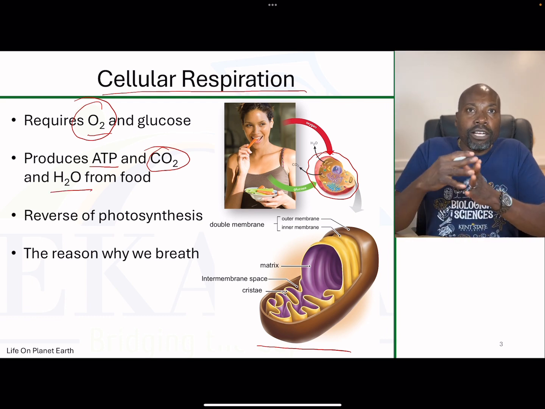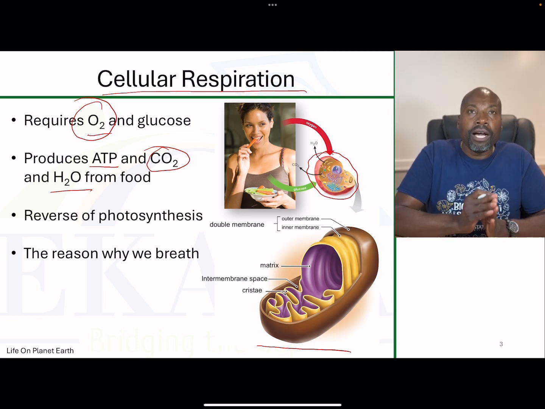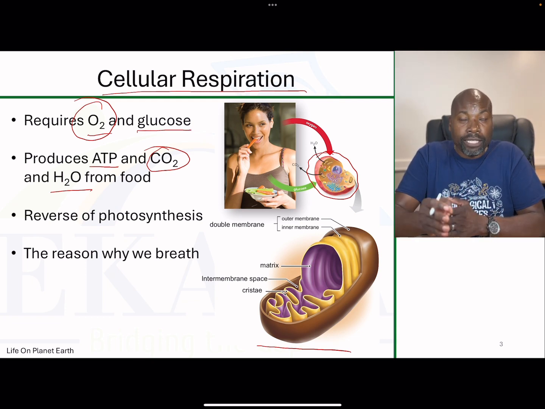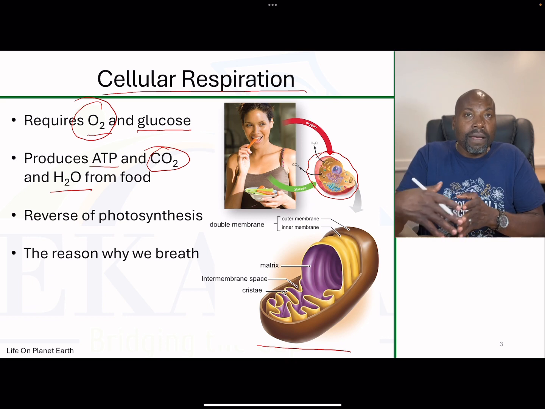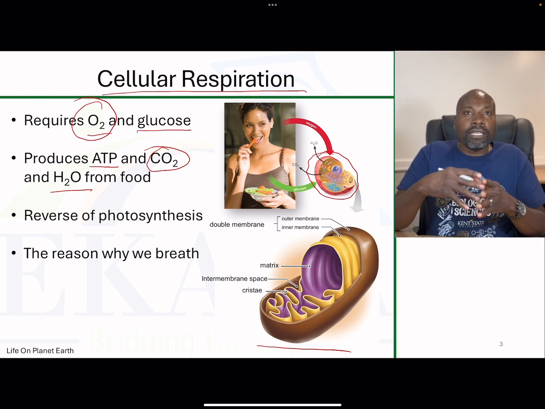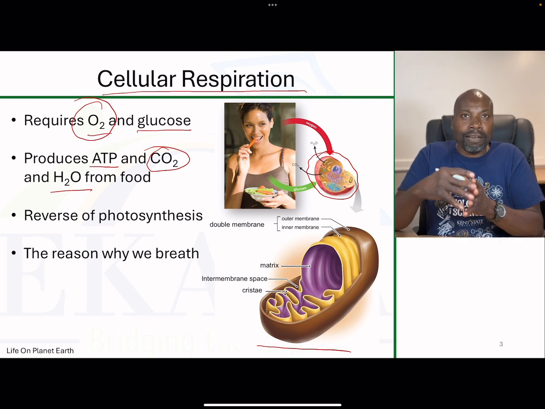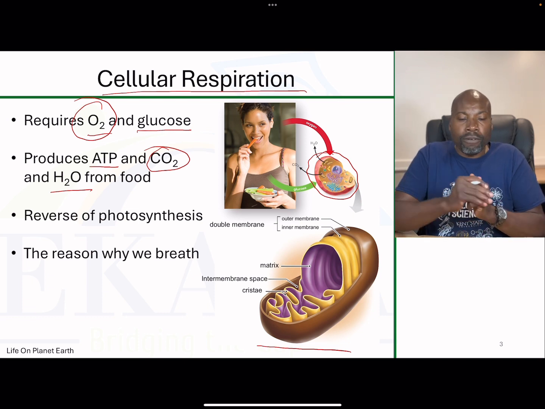Now, for the sake of this chapter, we are going to focus specifically on the breakdown of glucose, glucose being a carbohydrate. Now, why do we use glucose in this instance? Because in the food that we ingest, a lot of the time, glucose is a major molecule that is going to be present in that food, and also the preferred source of energy for most of our cells.